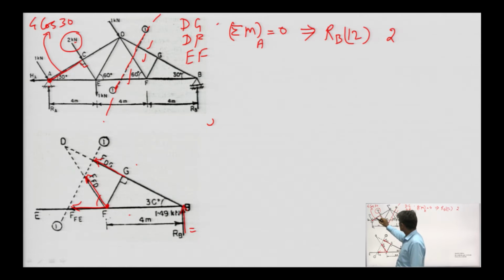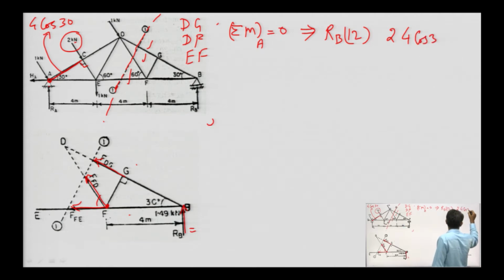So, 2 into 4 cos 30, and the direction is clockwise, so we will put a minus sign.